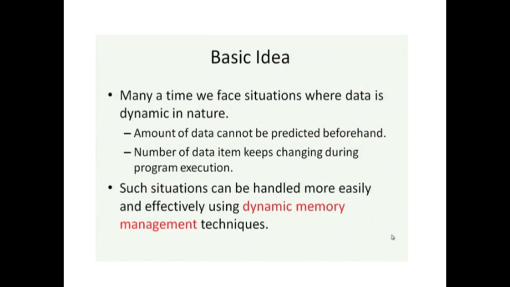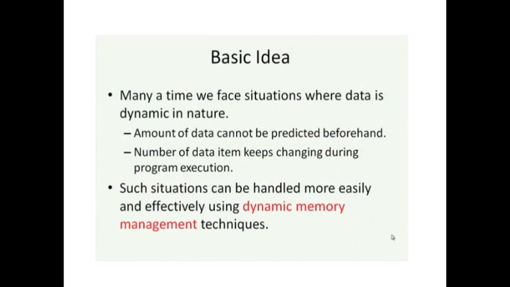Let's say you have designed the application for a trade fair or a fun park, so you are not going to know beforehand how many people are going to visit your park or trade fair on a particular day. So you cannot assign a specific number of memory locations before knowing how many people are actually going to visit.